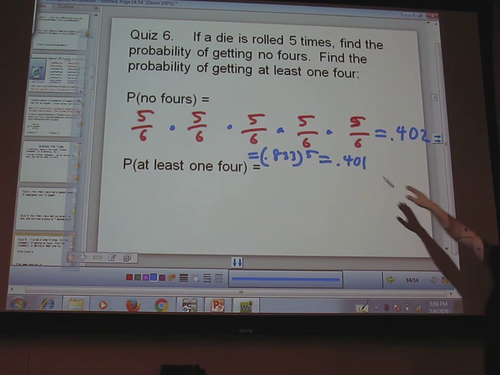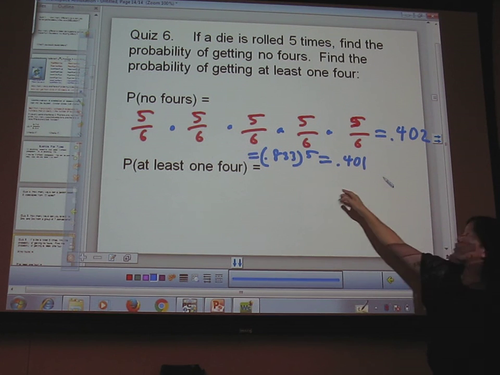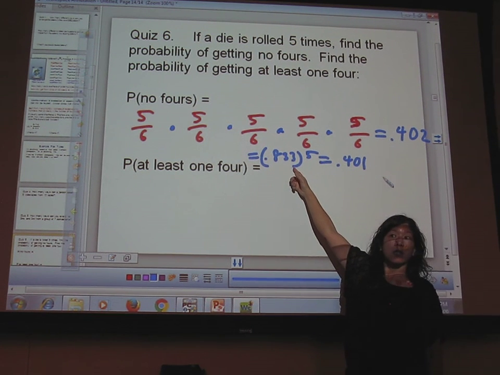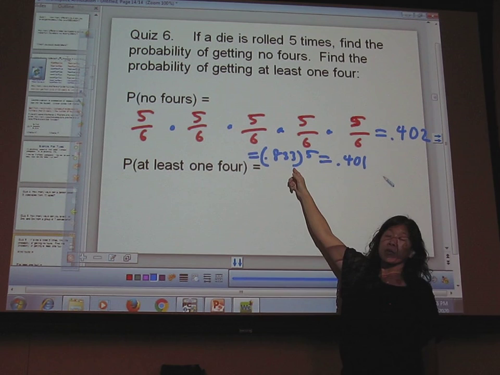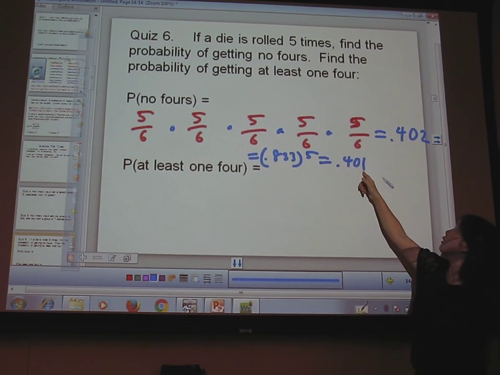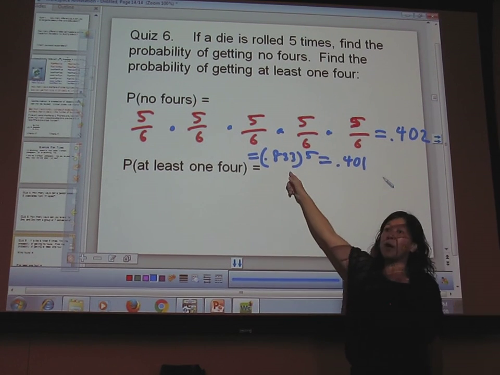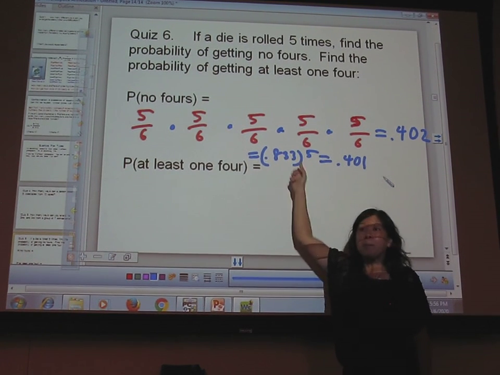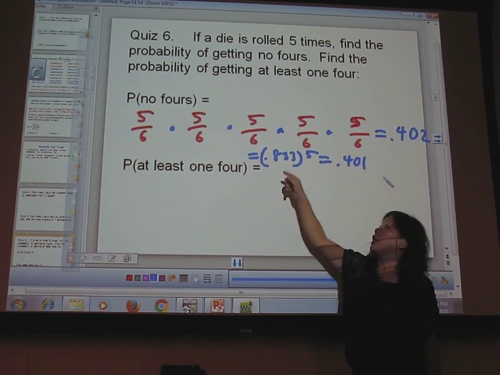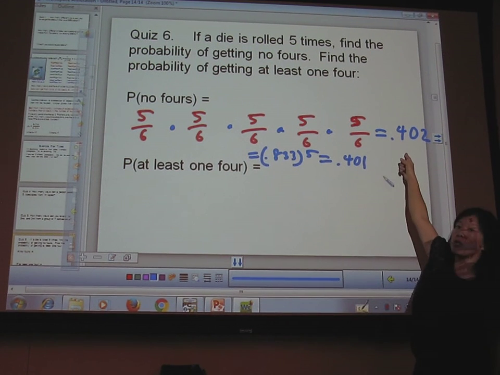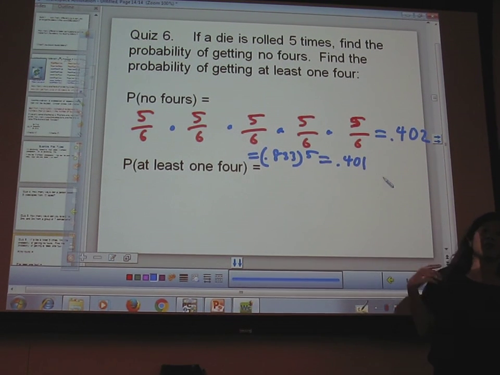Do you guys see what I'm saying? This is rounded. This rounding gives you a slightly different answer than if you don't round. So if you got this because you rounded, and you show me this step, I will not subtract a point. If you just do this and give me 0.401, then you're gonna lose half a point.